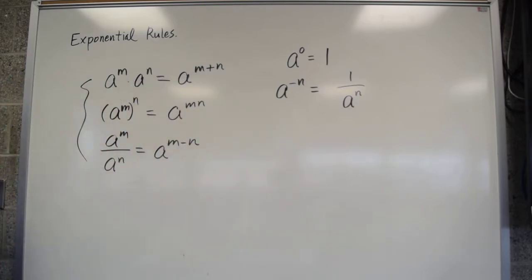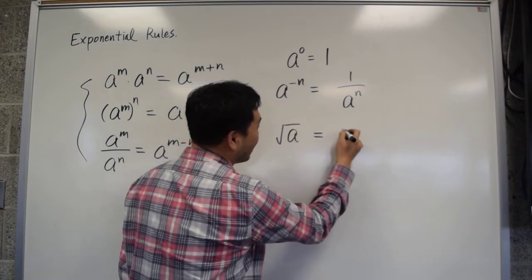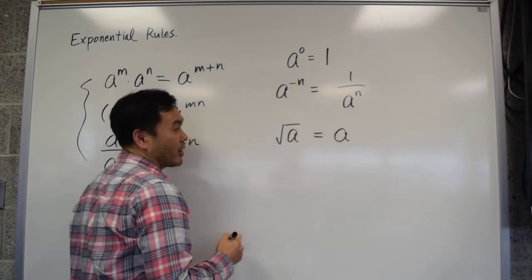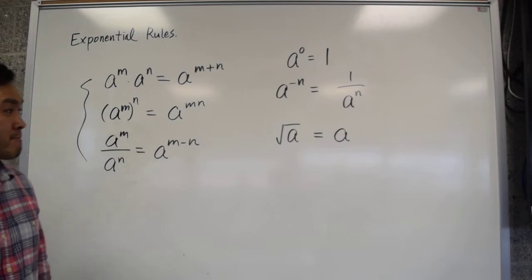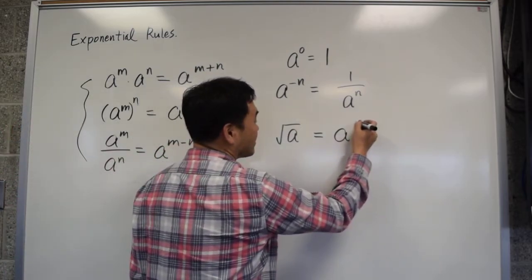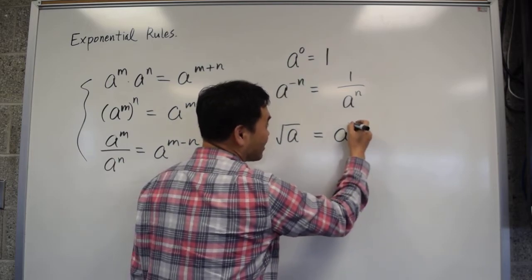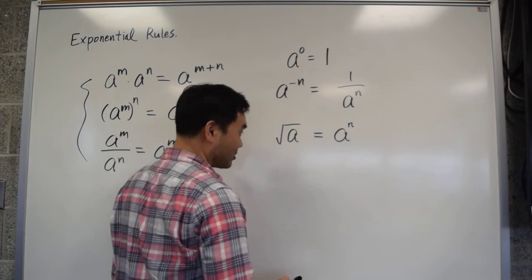The next one is the following: square root of a is the same as a to what power? Okay, let's just say n, that we don't know.